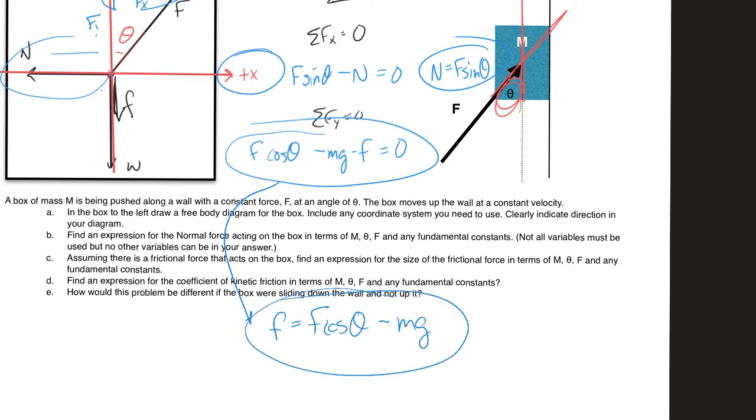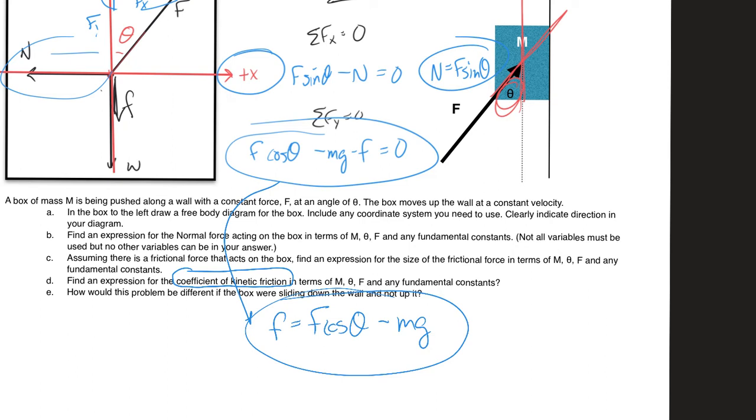Now, this is just algebra, but I know some of you still struggle with algebra. I'm going on to D now, because that was what was asked for next. Find an expression for the coefficient of kinetic friction. I won't say that because we really haven't developed that concept as far as I thought we would by now. But the coefficient of kinetic friction, I would replace this with find the ratio of the frictional force to the normal force. That's what I will say.